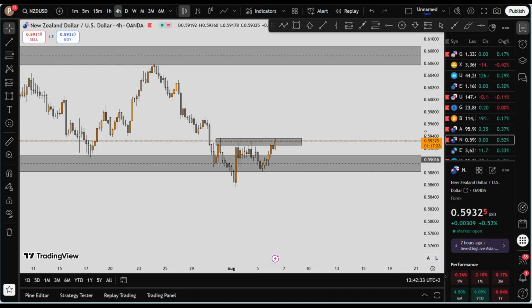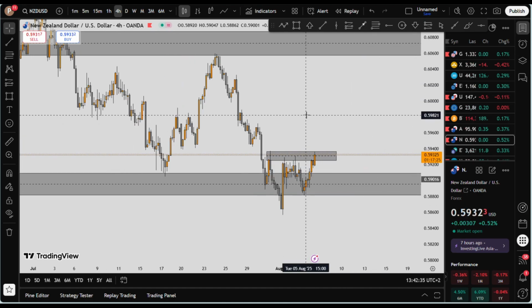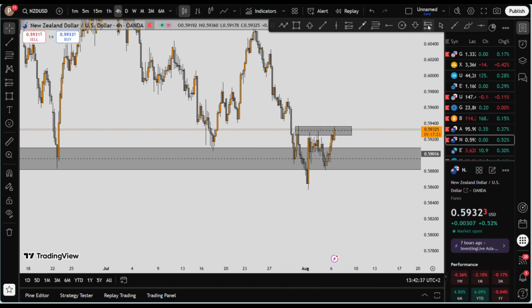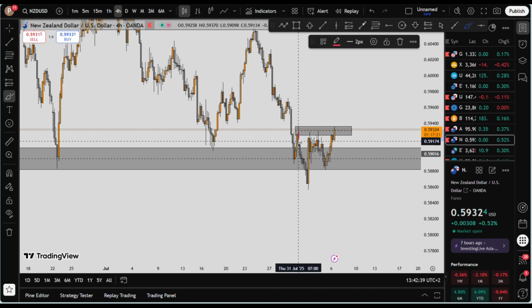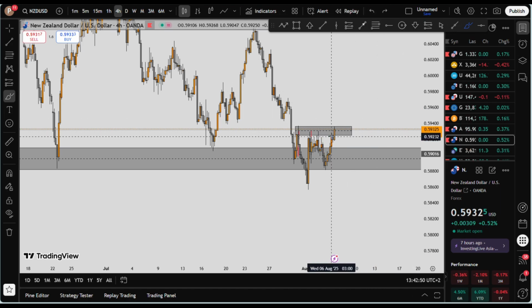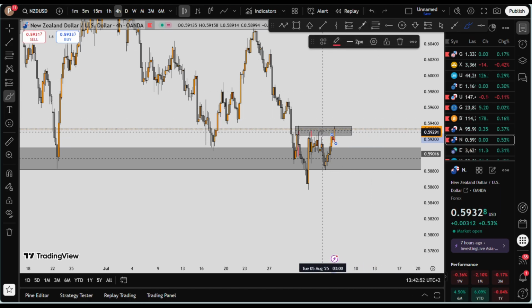We are currently facing resistance, because price got here and rejected for the first time, got here again, rejected, got here, rejected. Now it's here. We're supposed to be seeing a rejection, and we got one. This small candlestick gave us a rejection, but now price is going above. So we wait to see whether price will close above.